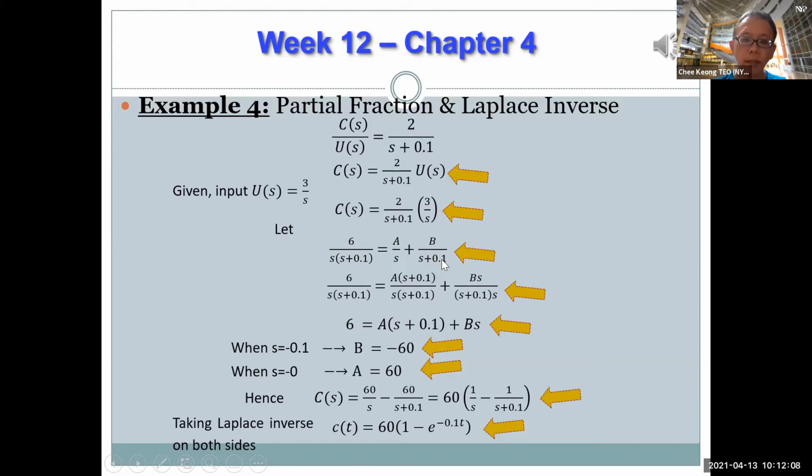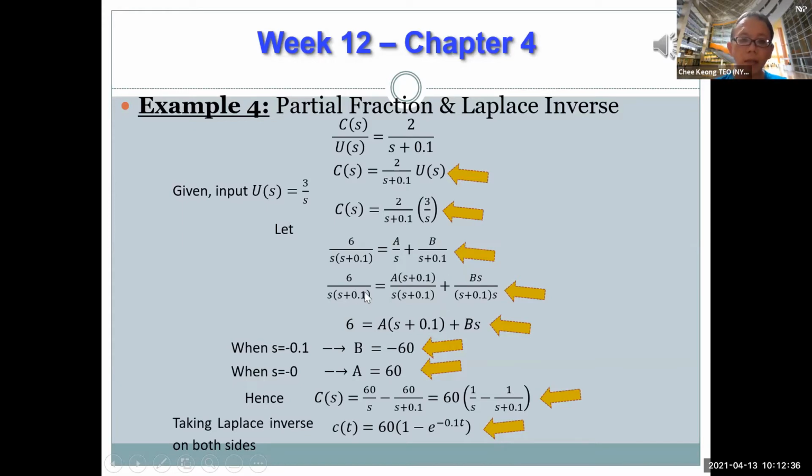Now with that, on the right hand side, we can take the common factor, meaning the common denominator will be the product of these 2. Then of course, if you multiply these 2 together, you have to make sure the top is also multiplied by the same thing, so that if you cancel out, they are the same as A over s for the first term. Likewise, for the second term, this is s plus 0.1, so you multiply the bottom by s, but multiply on top by s too. So if you cancel out, they are still the same. So we never change anything.